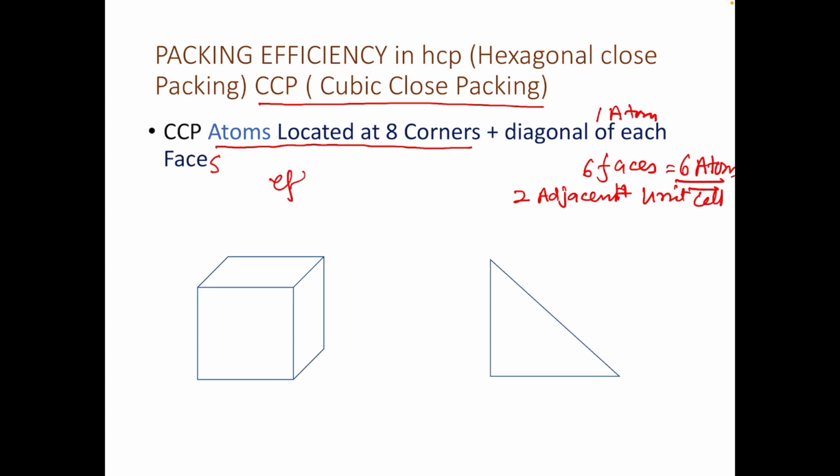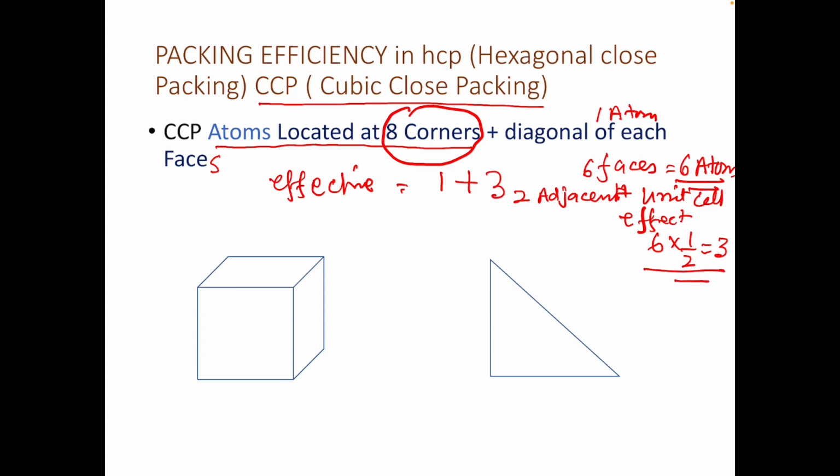So the effective number of atoms is 6 into 1 by 2, which is 3. The 8 corner atoms give 1 effective atom, and the 6 face atoms give 3 effective atoms.